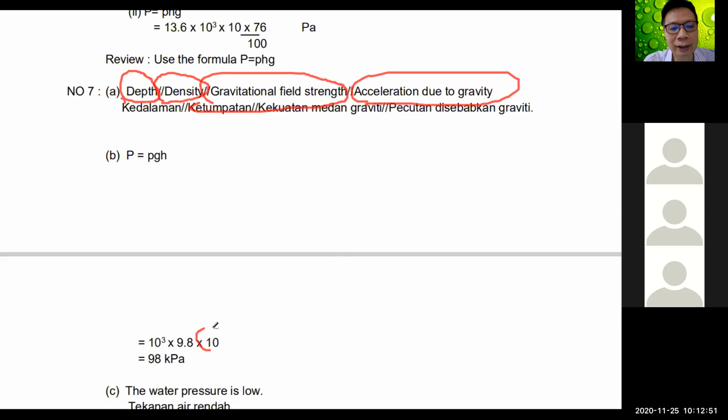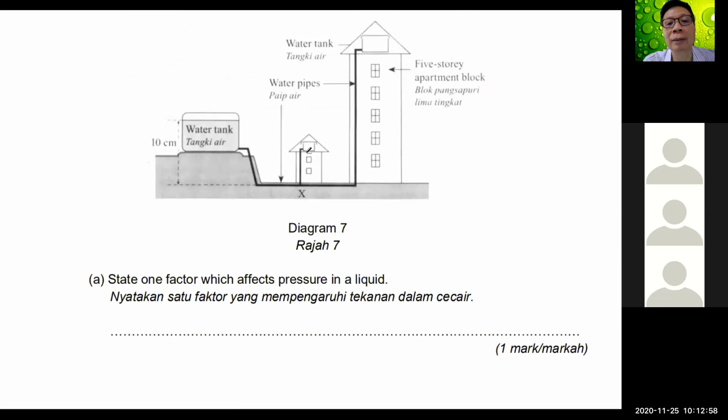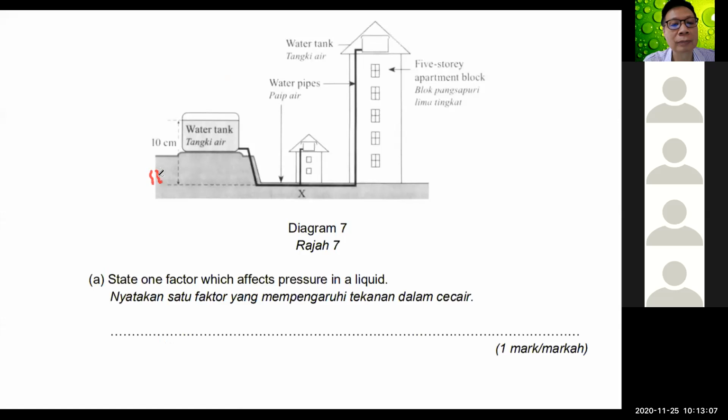This 10 is here. Come, let me explain to you. It's referring to here, 10. 10 meter is here. The diagram is not clear. This is 10 meter. Can you make a note here? This is 10 meter. Because at point X, the depth of the water is 10 meter. From here to here is 10 meter.